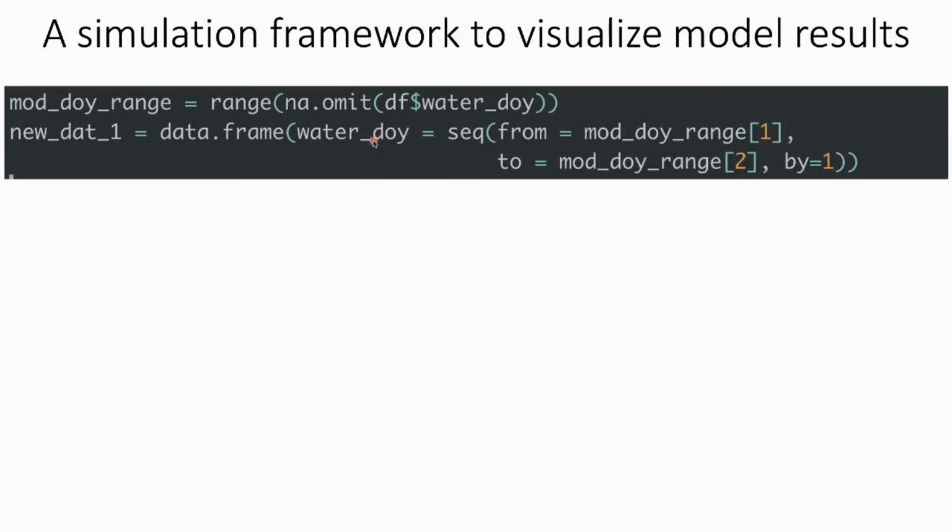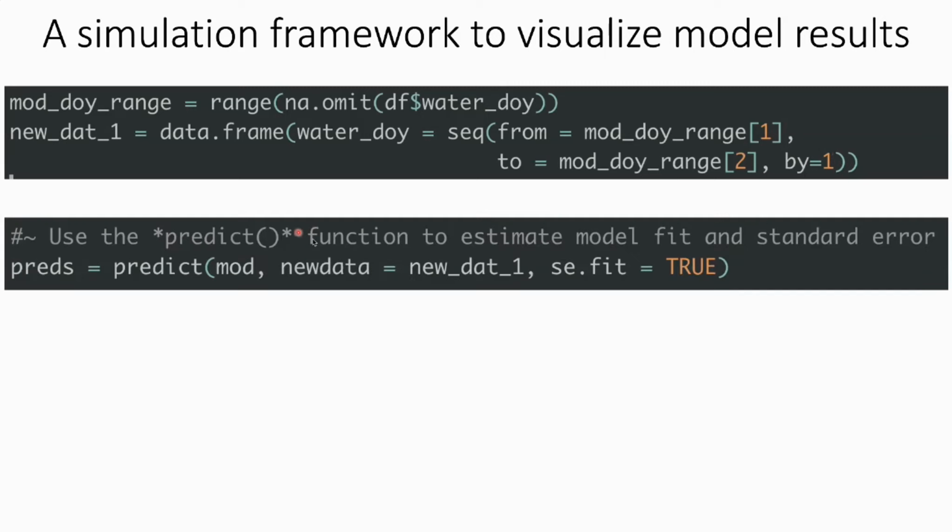And we are going to create a sequence from the minimum to the maximum doi value by an increment of 1. Or in other words, we are going to ask for a prediction every single day from the earliest day in the water year to the latest day in the water year.